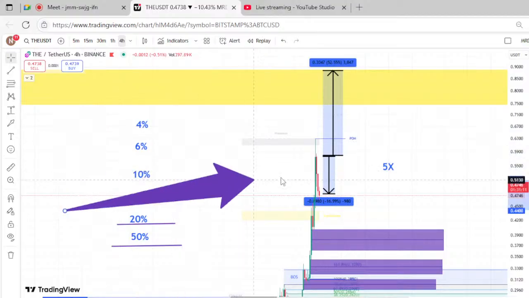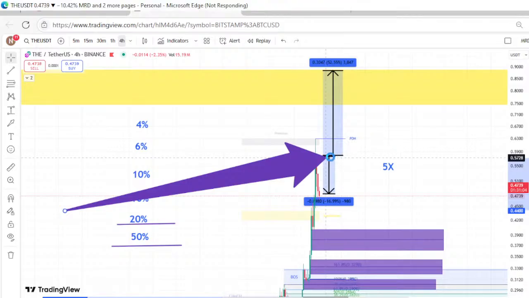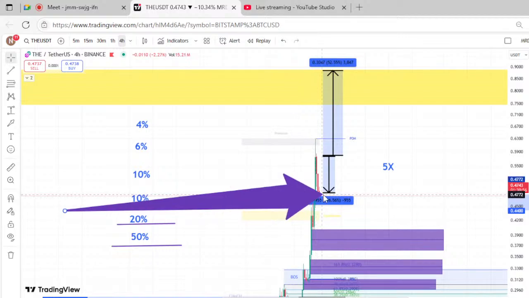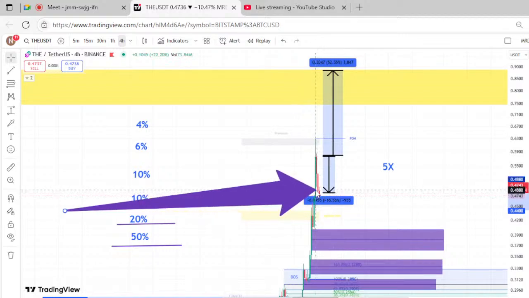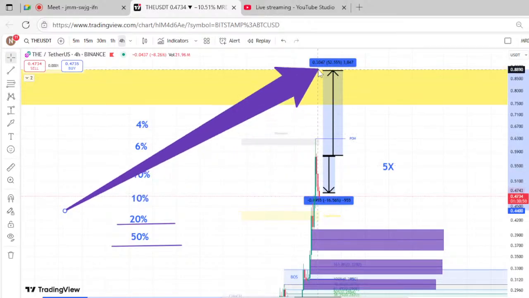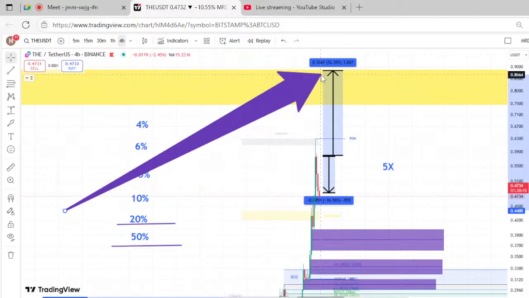You entered at this point expecting the market to drop, but surprisingly this market challenged you. We are talking about in case the market opposes your prediction. This is the target where the market could go.